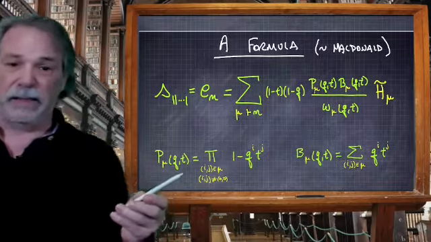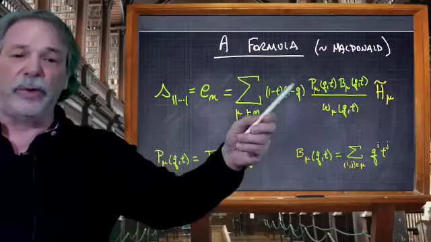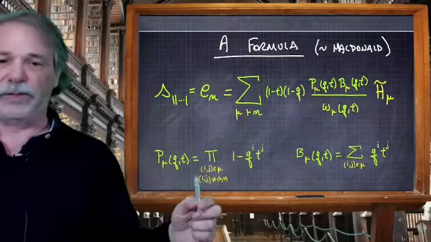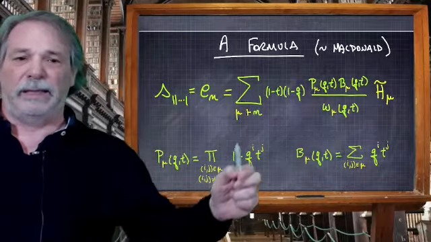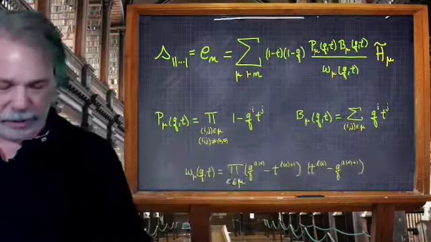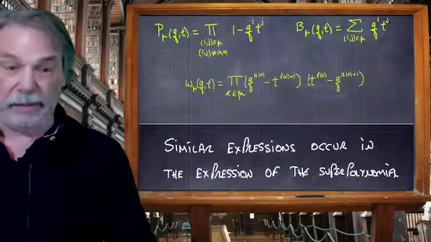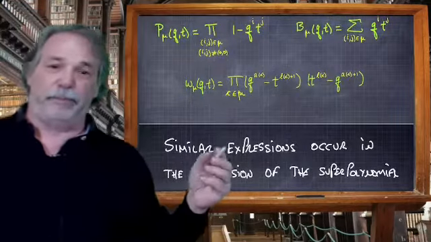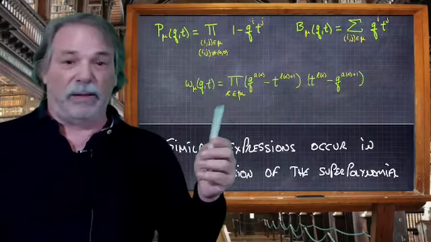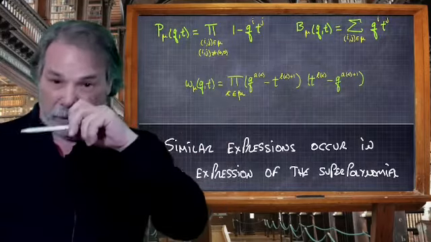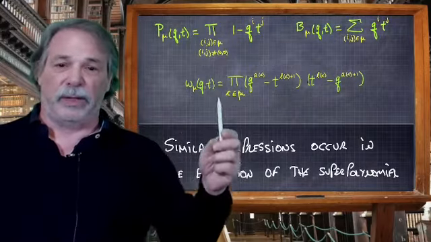So the numerator is the product of these two expressions, and then the denominator is a bit more complicated, but this is all in the story with link homology.